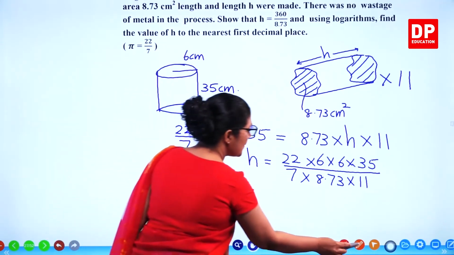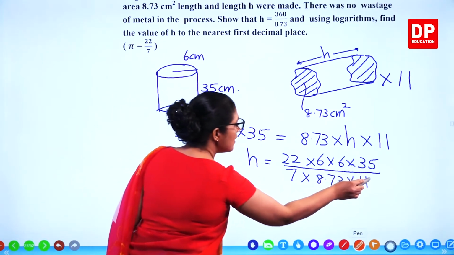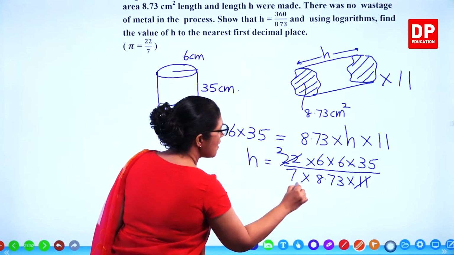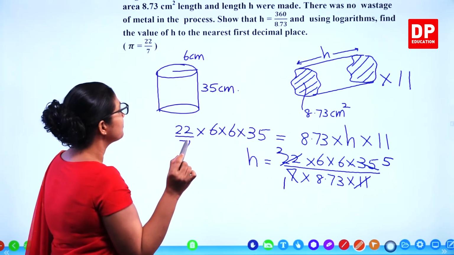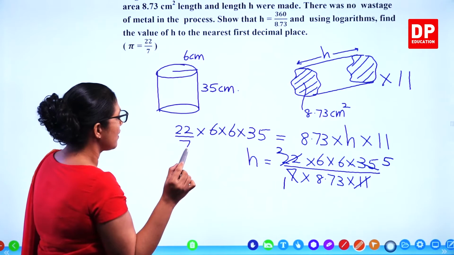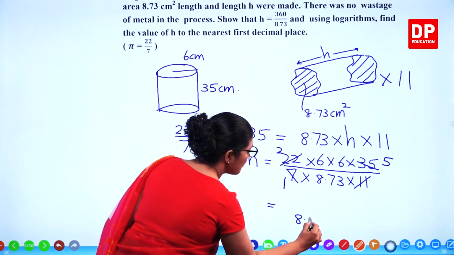So let me see. How can we simplify? 11 times 2, 7 times 5. What else? We need to get 8.73 at the bottom, so that's correct.